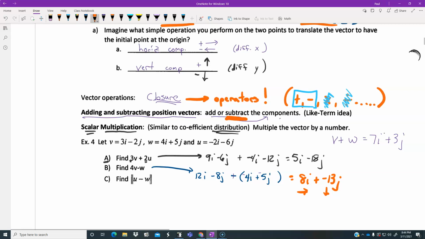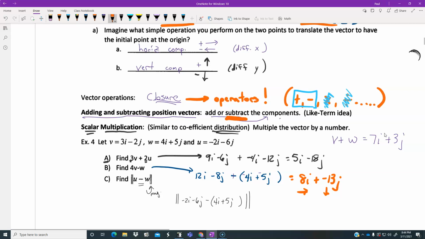Now, this one is basically telling you to find the subtraction first and then find the magnitude of that vector that you came up with. So what's the magnitude of u minus w? So let's see, u minus w is negative 2i minus 6j minus the entire vector of w, which is 4i plus 4j, and then find the magnitude of that.